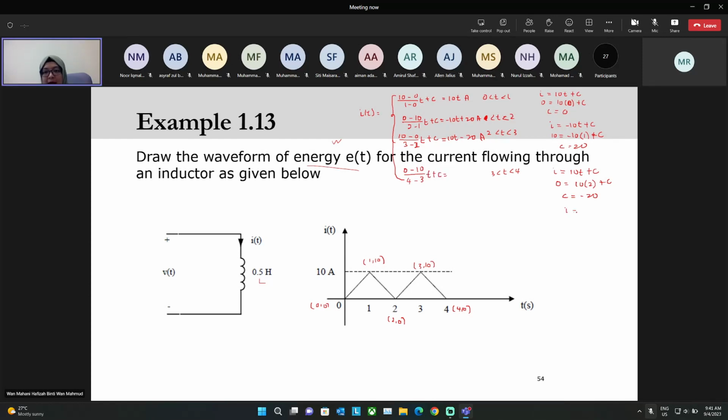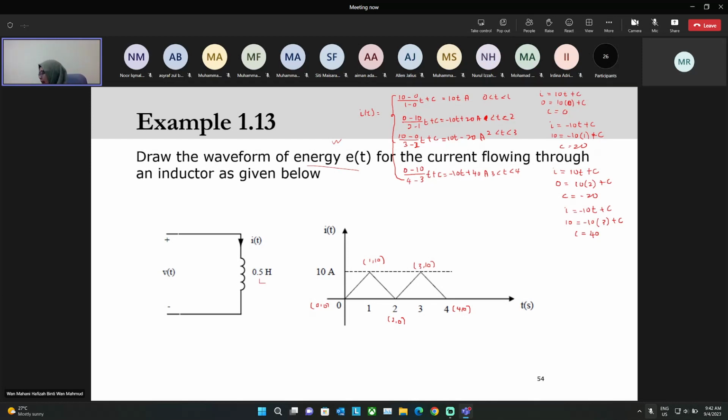So I dia negatif 10T bahagi 1 is negatif 10 lah, T tambah C. You can use either 3, 10 or 4, 0. Katakan saya guna 3, 10. So 10 equals to negative 10 T dia adalah 3 tambah C. So C dia adalah 10 tambah 30, 40. So di sini negatif 10T tambah 40 ampere.